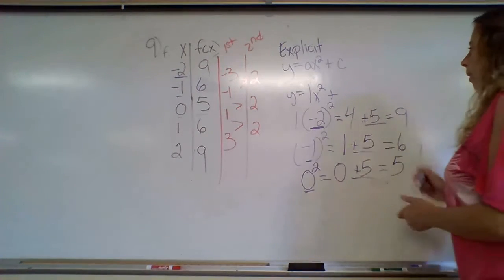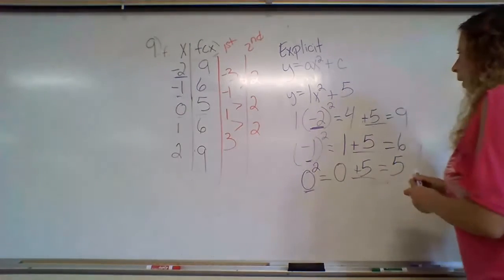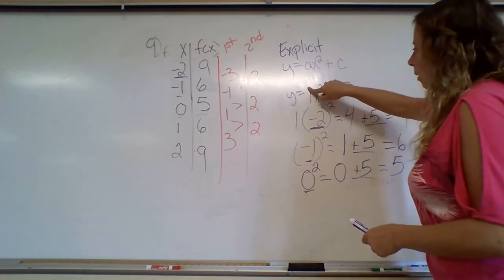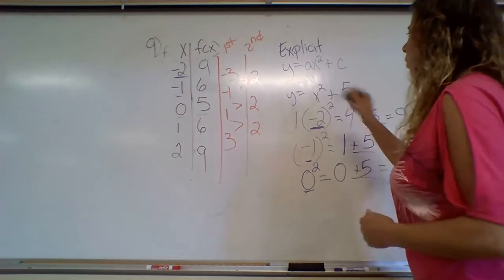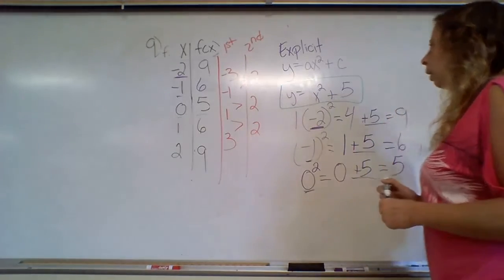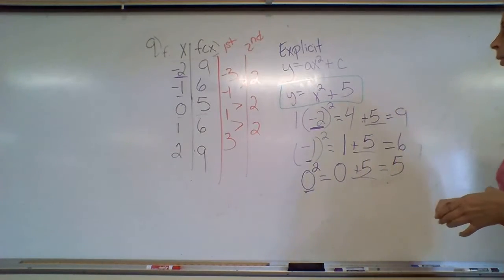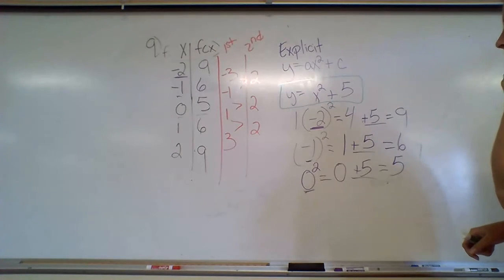So then you go back to your equation and you write plus 5. And you do not have to write the 1. You can, but you don't have to. Ta-da! So that's x squared plus 5.